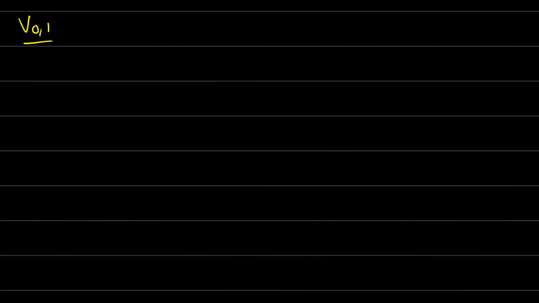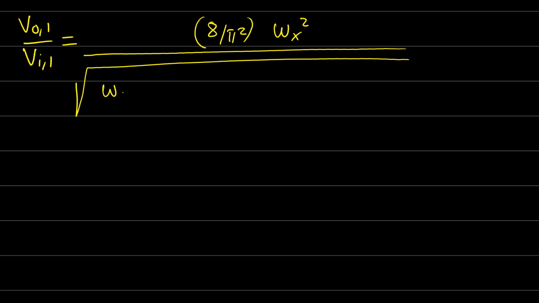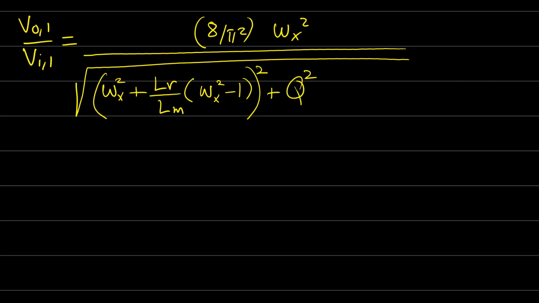V out over Vn first harmonic is equal to how much? 8 over pi squared times omega x squared over omega x squared plus LR over LM times omega x squared minus 1, and all this will be squared plus Q squared omega x squared times omega x squared minus 1 squared.